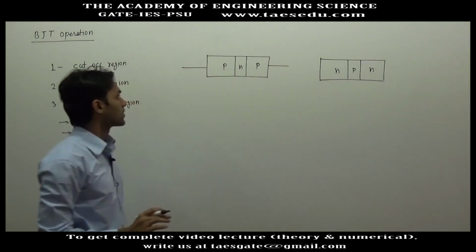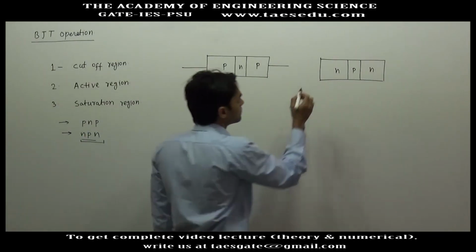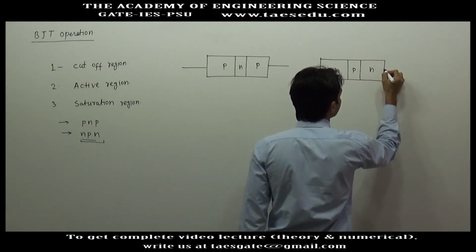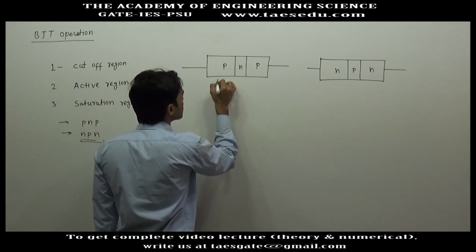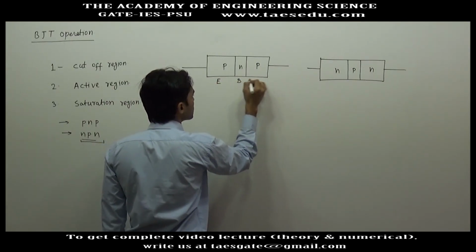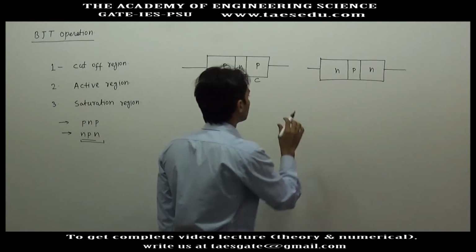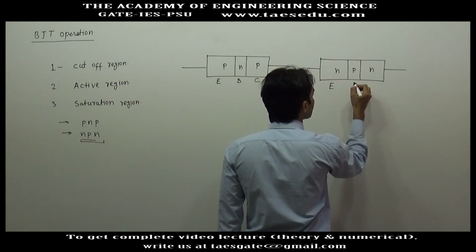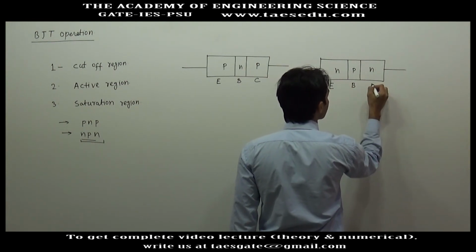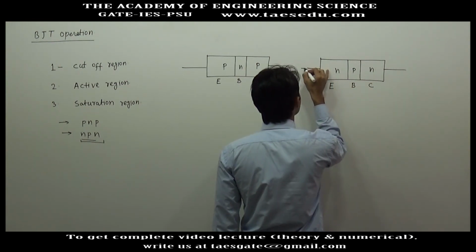Let's say this is a PNP transistor and this is NPN. For PNP transistor, this is emitter, this is base, and this is collector. In this case also, this is emitter, this is base, and this is collector.